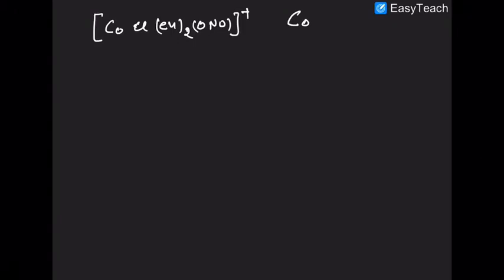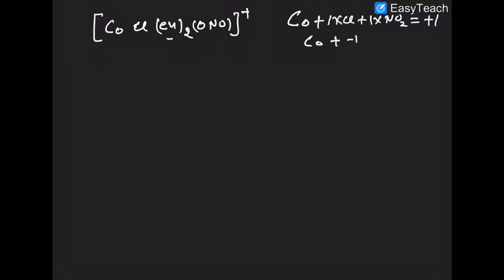So you have to write bis for ethylene diamine because it is a neutral ligand. 1 chlorine is there, 1 nitrite is there. Overall the complex carries +1 charge in this case. So what would the answer be? Chlorine carries -1 charge, nitrite also carries -1 charge.